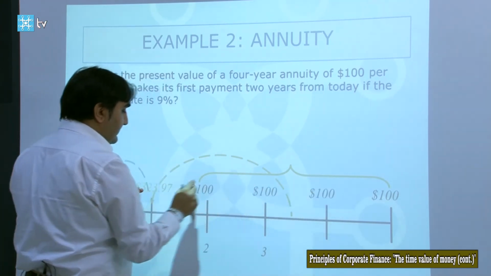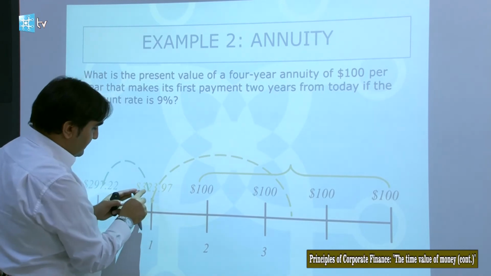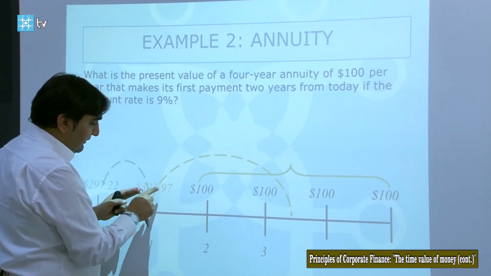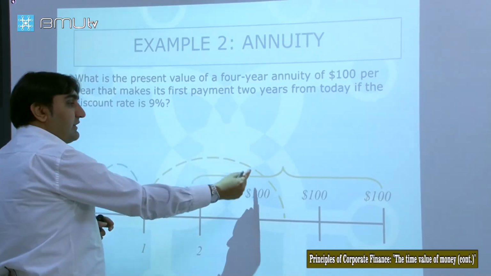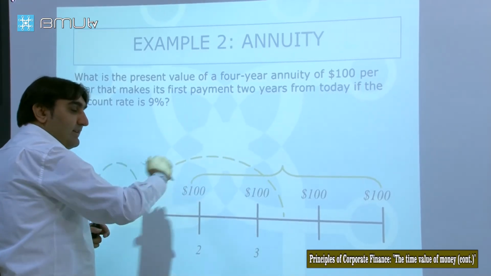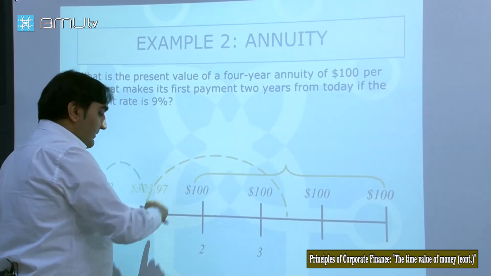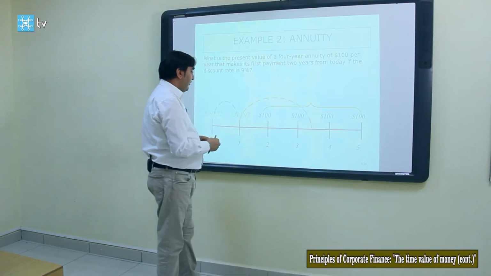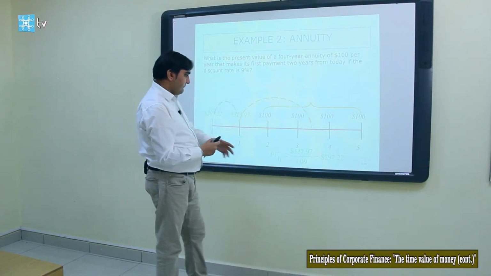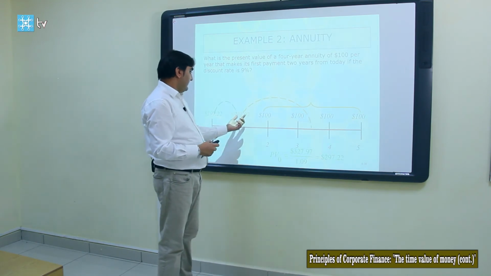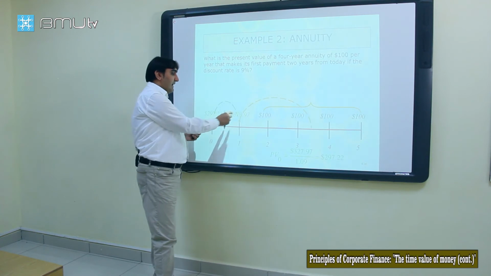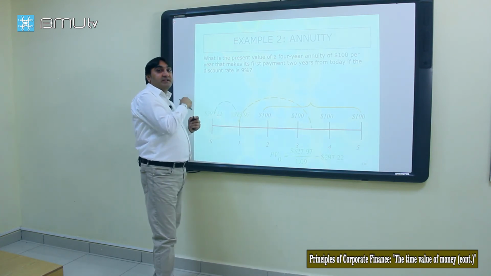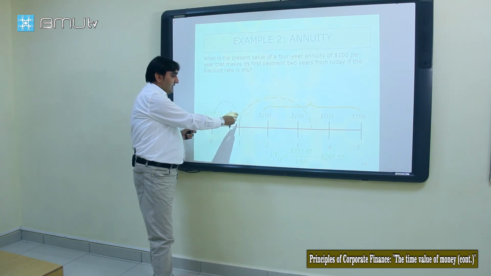The present value of these cash flows is 323.97 at time 1. So present value is calculating by discounting back, applying our annuity formula. Since we are at time 0, we need to bring this number back. We need to rediscount this 323.